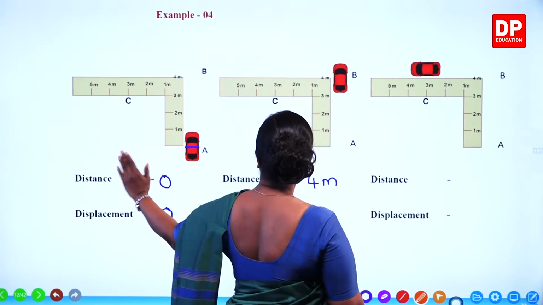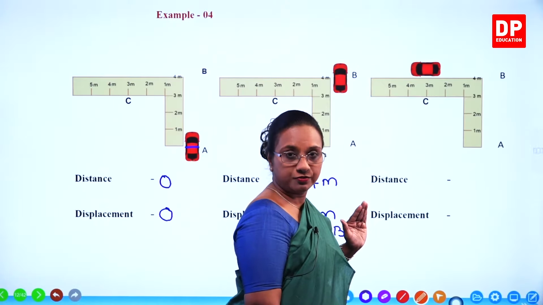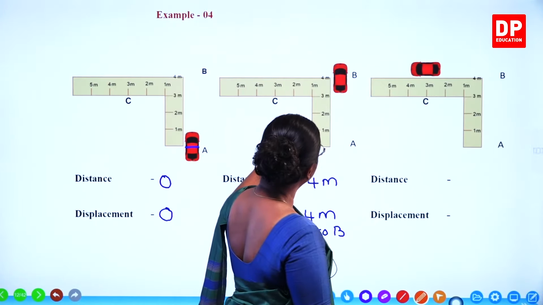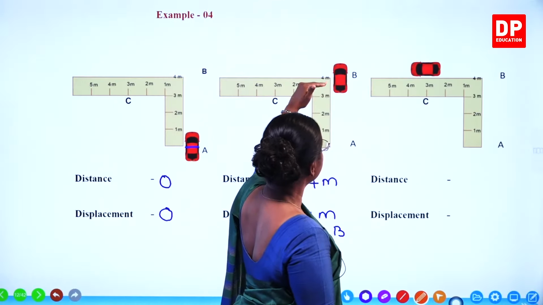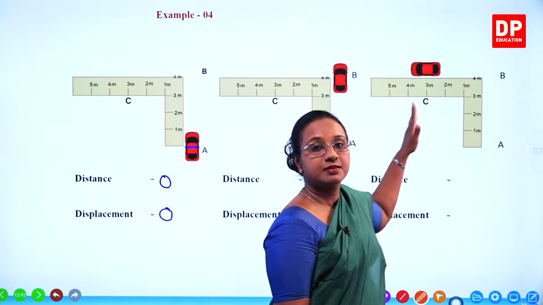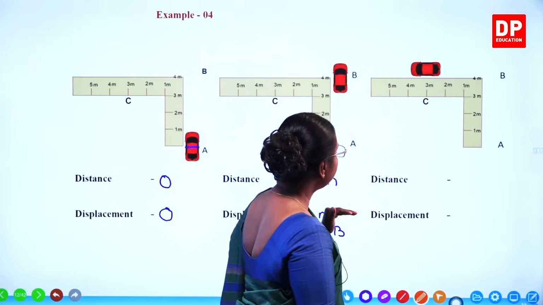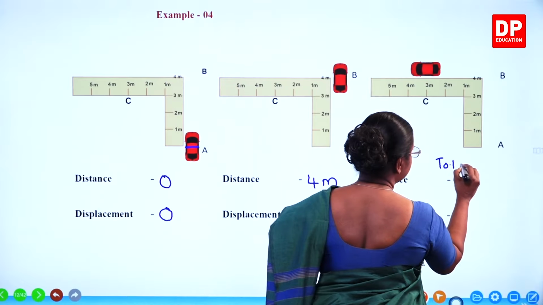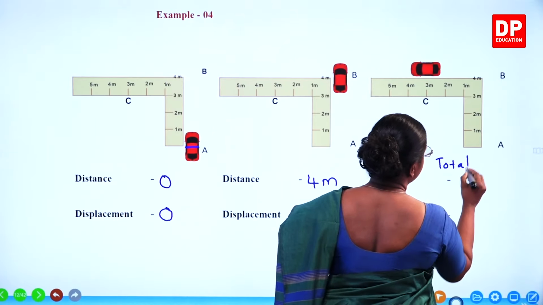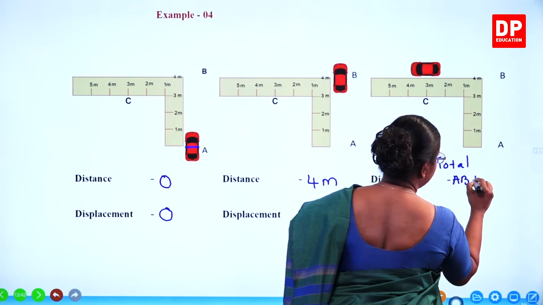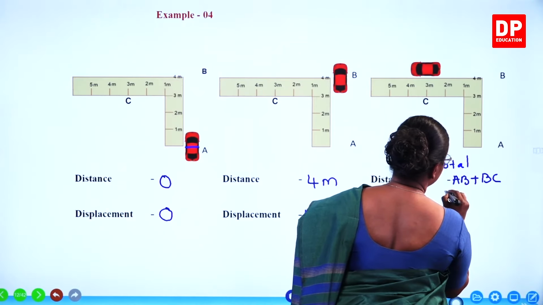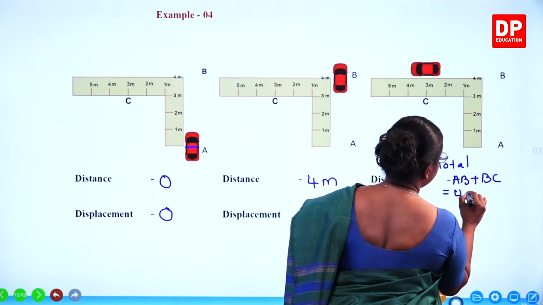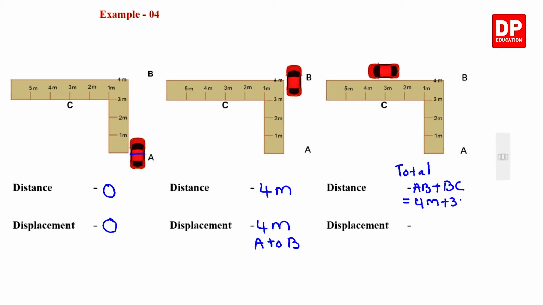But if you consider the full movement of the car, initially it traveled 4 meters from A to B and then 3 meters from B to C. So if we consider the total distance, we will be taking A to B plus B to C. So that will be 4 meters plus 3 meters, that is 7 meters.